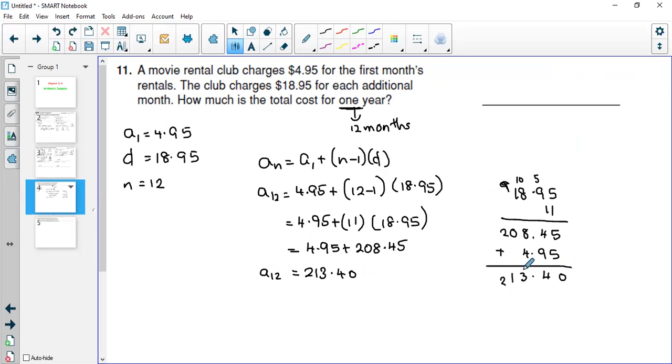So better to do it without using the calculator. This is how you need to solve it. So for 12 months, that's for 1 year, the total cost is 213.40 for 1 year.